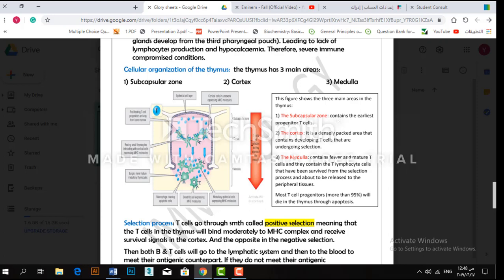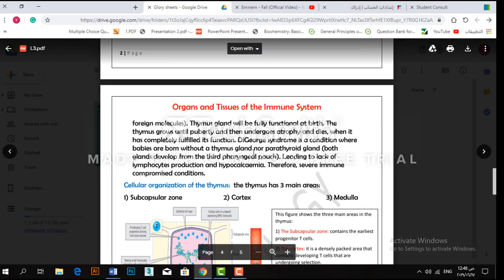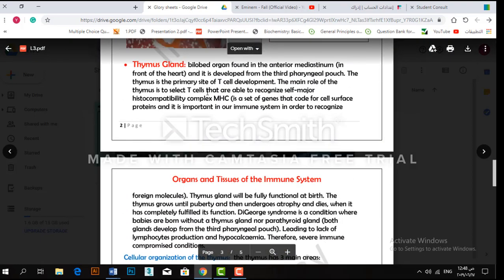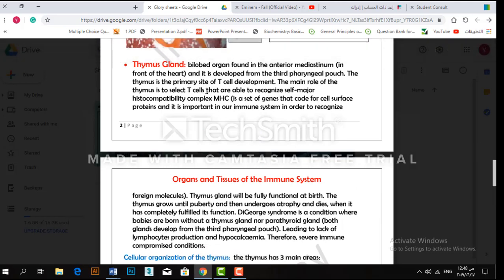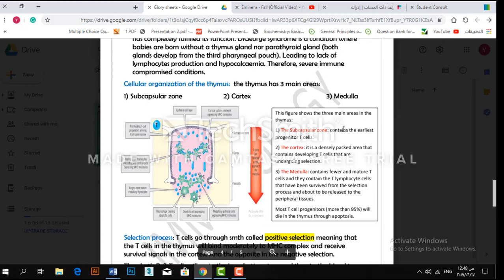T cells are selected as they approach the medulla. How are they selected? As we mentioned, they are selected in a way that they are able to recognize the self major histocompatibility complex.